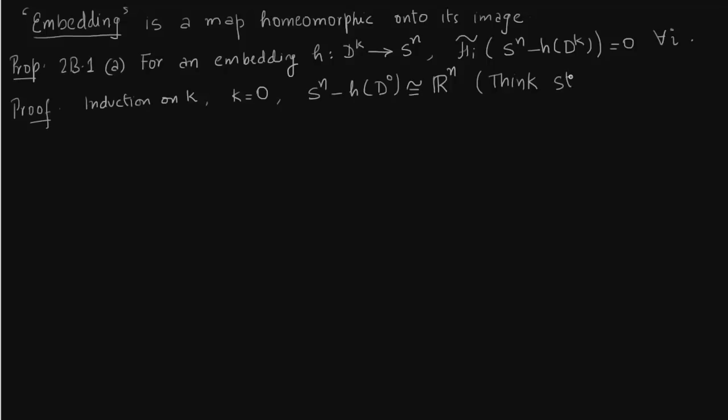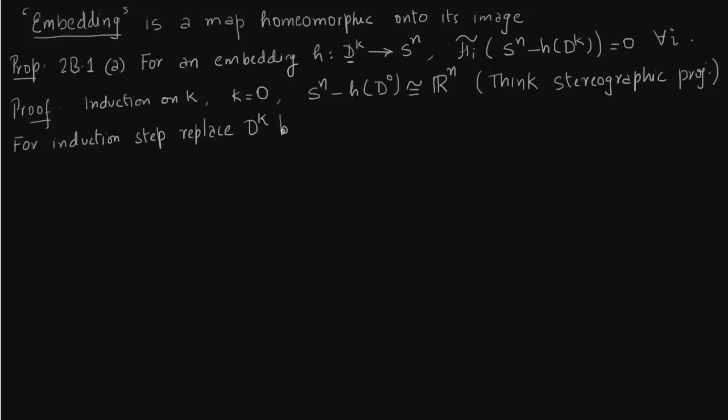You immediately see it as homeomorphic to R^n, or you can also take D^1, that is a disk. You cut any piece out of S^n, the disk, it will also be homeomorphic to R^n. You can stretch it out, but stereographic projection is very easy to think about. So obviously if it is homeomorphic to R^n, the reduced homology H̃_i of S^n minus D^0 is 0, because R^n is a contractible space.